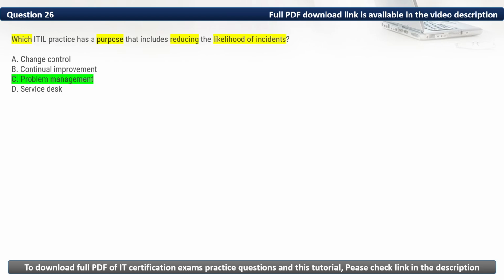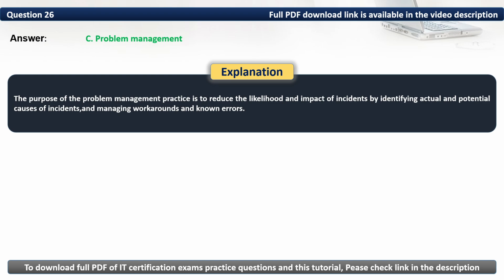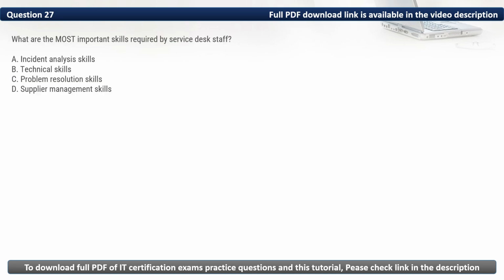Thus, the correct option is C. The purpose of the problem management practice is to reduce the likelihood and impact of incidents by identifying actual and potential causes of incidents and managing workarounds and known errors. Question 27. What are the most important skills required by service desk staff? Incident analysis skills are the most important skills required by service desk staff. Thus, the correct option is A.